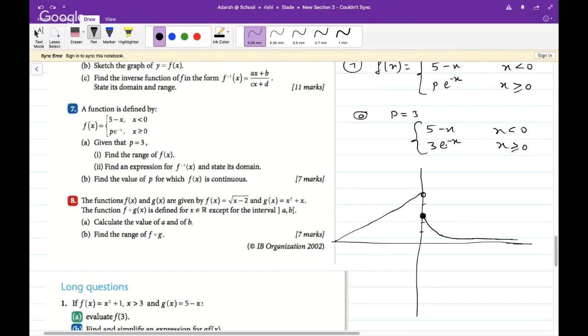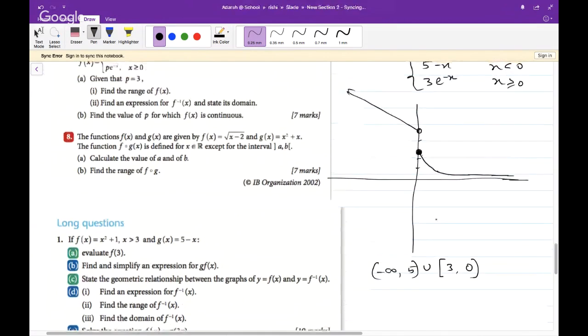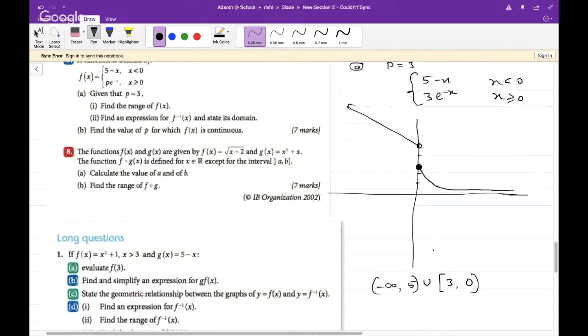Yeah, this is the line. So y values can be anything between negative infinity to 5, 5 is not included, along with 3. 3 is included. Up to 0, 0 is not included. So this is the output of y. This is the range for the function.